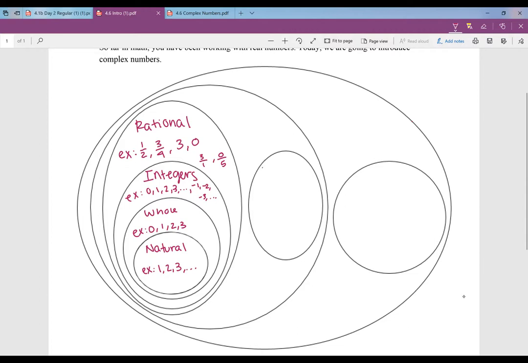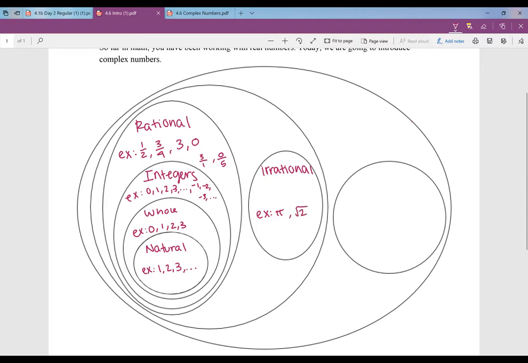After you learn about rational, you'll learn about irrational numbers. And these are those numbers that are never-ending decimals. So, for example, pi, right? Pi is 3.14 something, something, something, and it goes on forever. It never ends. And same with the square root of 2.